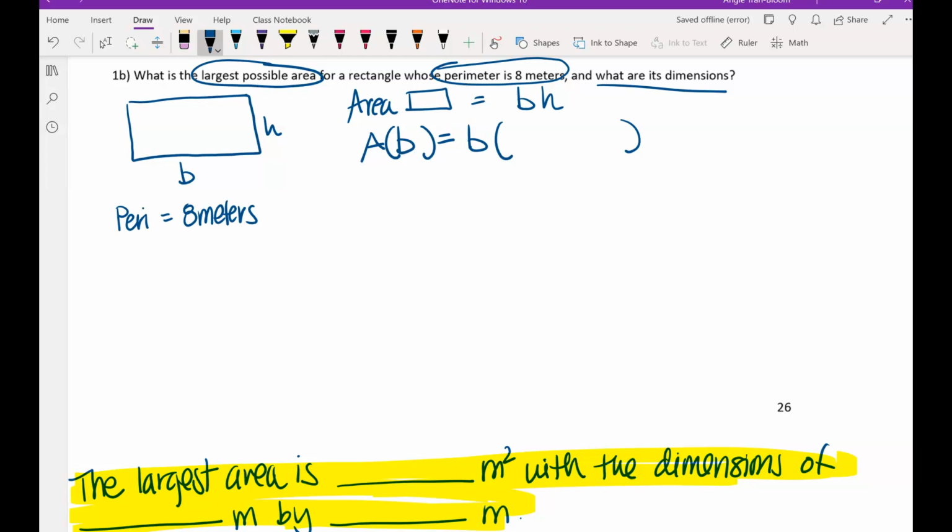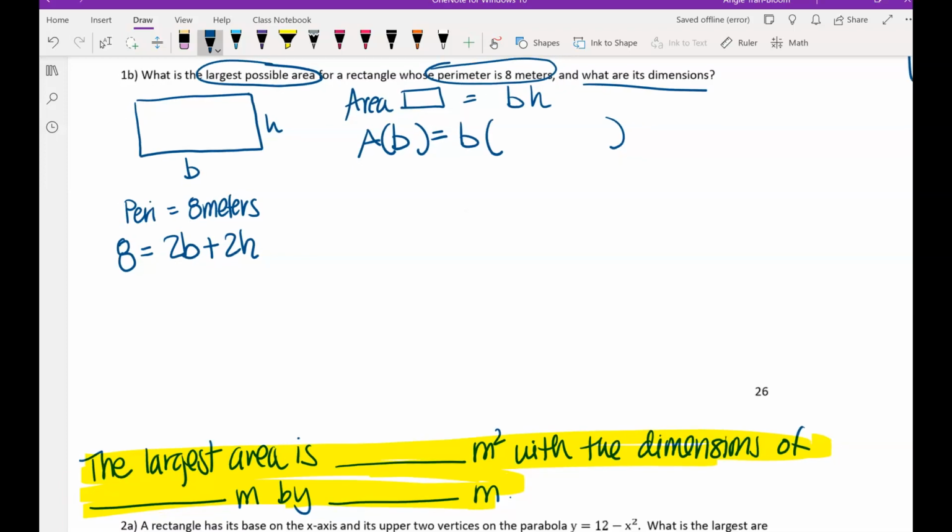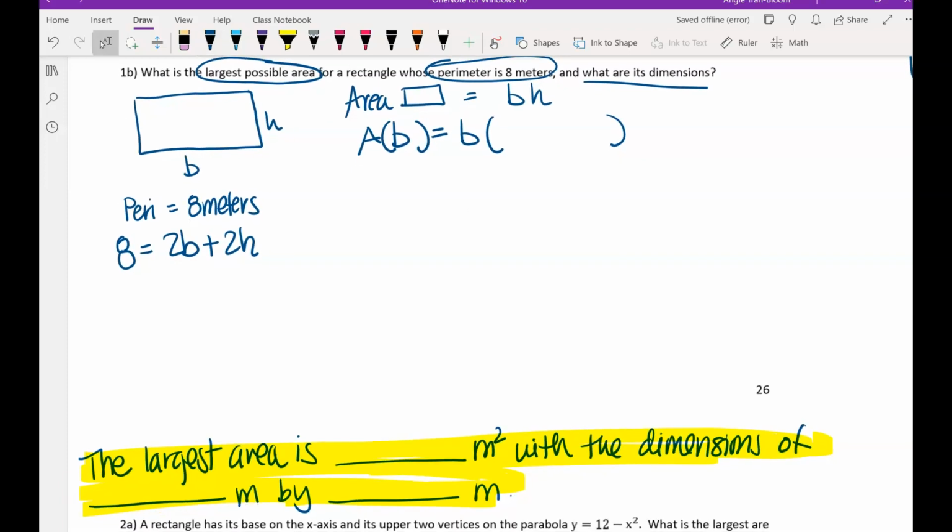Well, from the perimeter. You have 8 meters for its perimeter. Well, perimeter of your rectangle is 2 base plus 2h. So now do me a favor, solve for h, substitute in. Then I want you to use the first derivative to see if you can find your absolute max. And then once you have that, do some basic math and fill in your answer below.